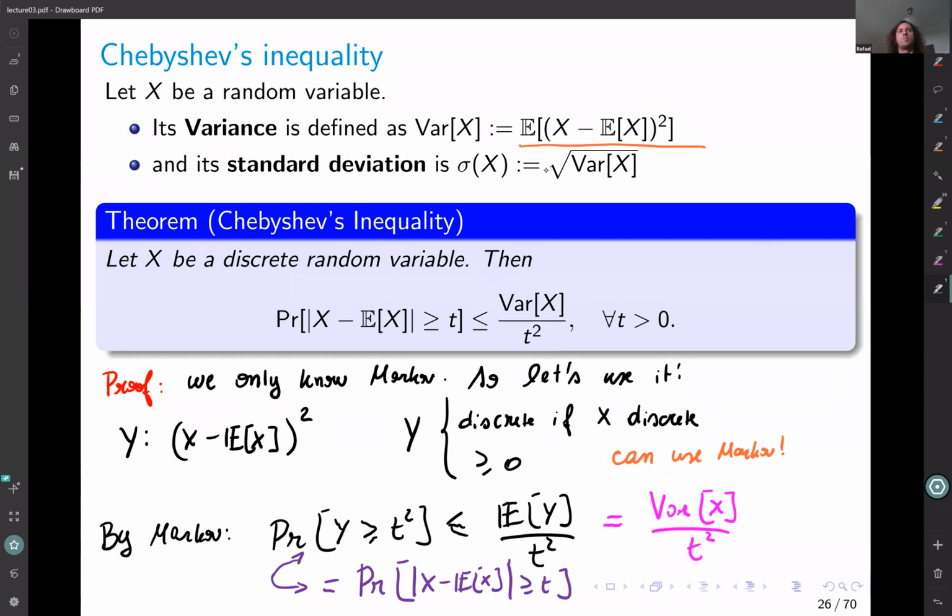Okay. I'm confused. Aren't you forgetting the negative part? No, because we have the absolute value, right? So the absolute value of x minus the expectation of x is greater or equal to t if and only if x minus the expectation of x, squared, is greater or equal to t squared, right? But why is it if and only if?